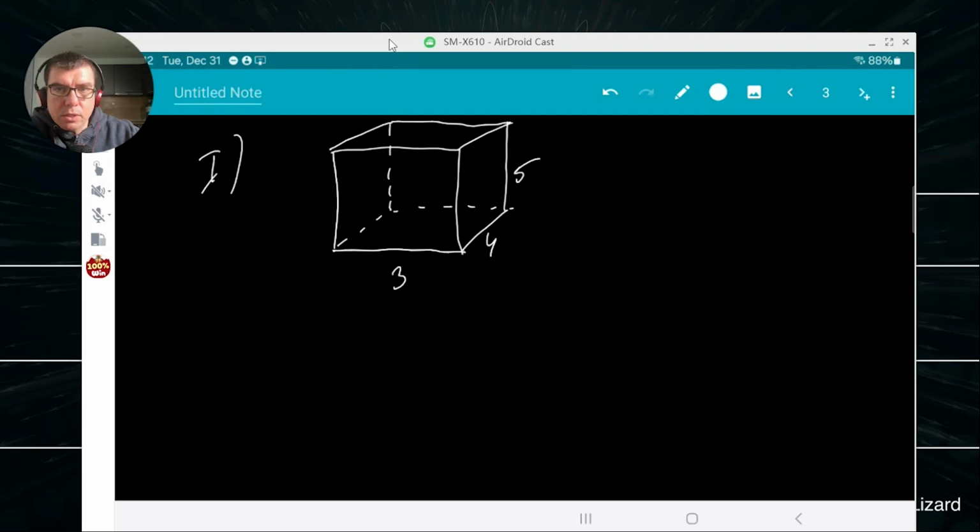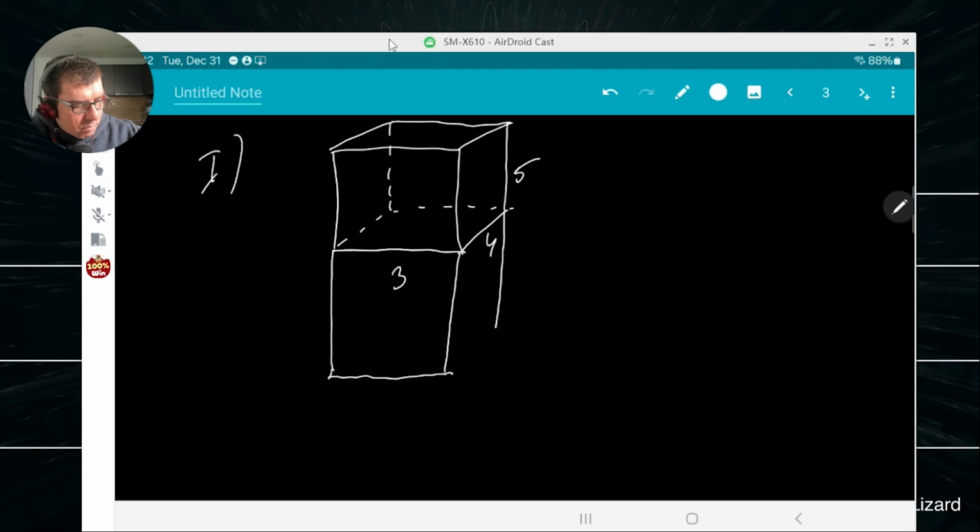So let's choose to glue first the 3 by 4 face to the other 3 by 4 face. So I'm going to continue here, okay, like this. So again I have 5 here, 3 here and 4 here.